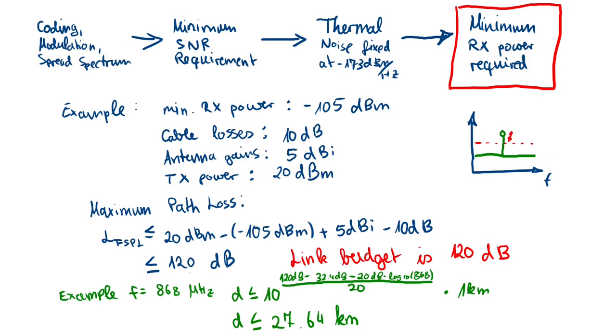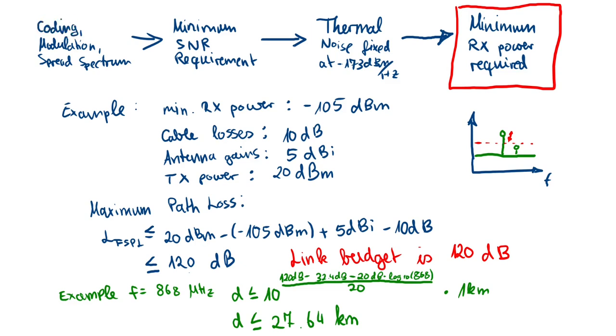So if your signal is below this minimum requirement, then you probably won't be able to decode your signal, because if you violate this minimum signal to noise ratio requirement, then the bit error rate would be so high that no reliable communication is possible. So the keyword is coding.